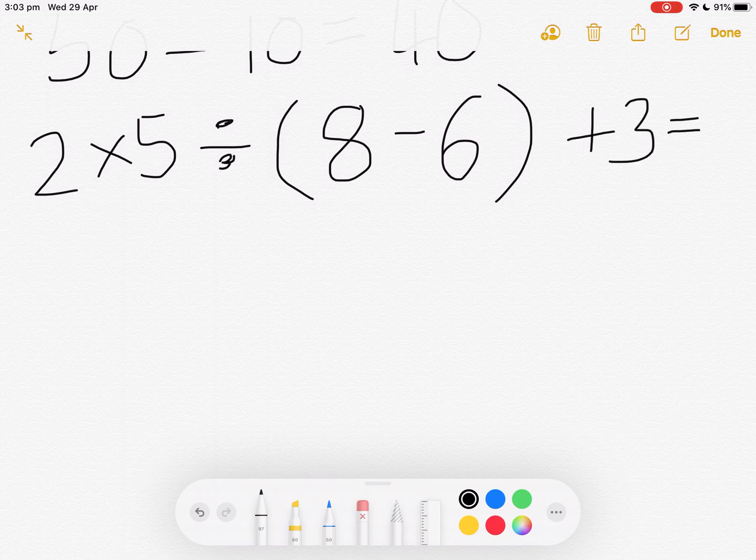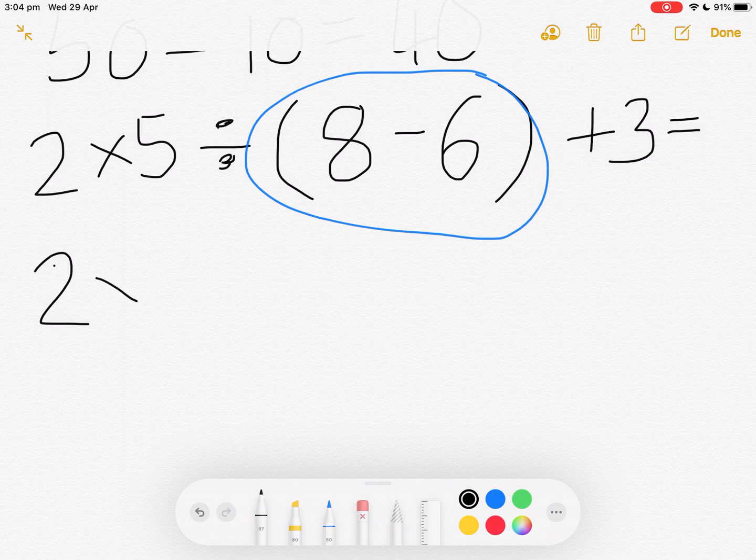Okay, I've got a multiplication, a division, a subtraction, and a plus and some brackets in there. Okay, first step is brackets. So I don't get overwhelmed at the fact that there's lots of numbers and lots of different symbols, I just work through my BODMAS step by step. I know the first step is brackets, so that's the only part I'm worrying about for now. The rest is staying the same.